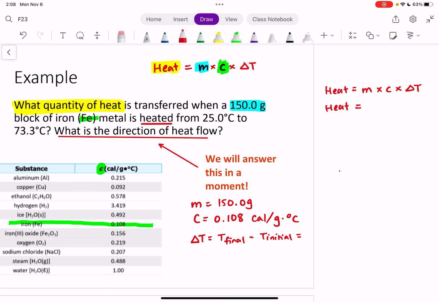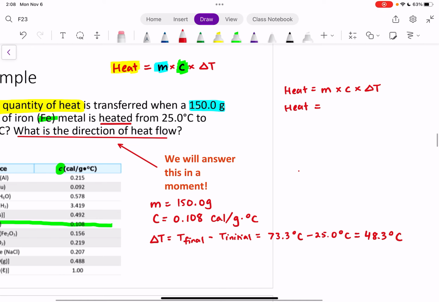Our final temperature is 73.3, and our initial is 25.0 degrees Celsius. Anytime you have a delta anything, delta T in this case, you're going to take your final minus your initial. Final temperature minus initial temperature. 73.3 minus 25 gives us 48.3 degrees Celsius.